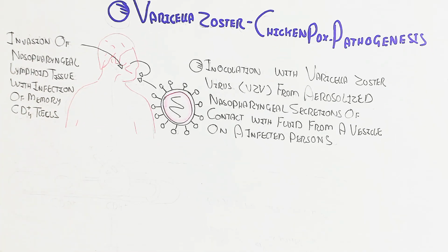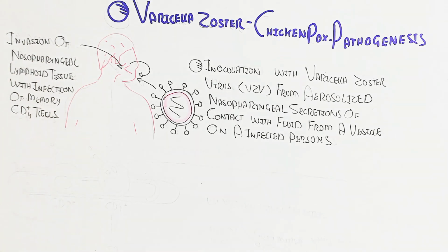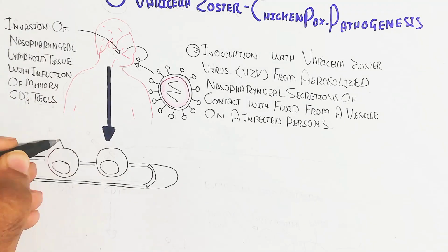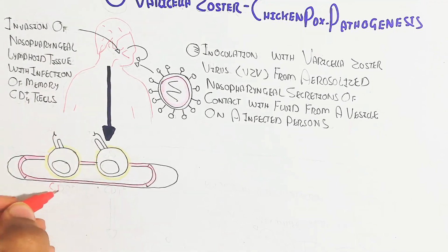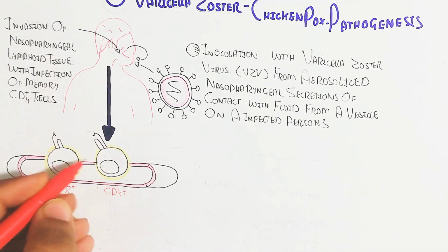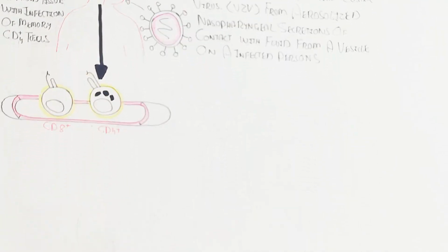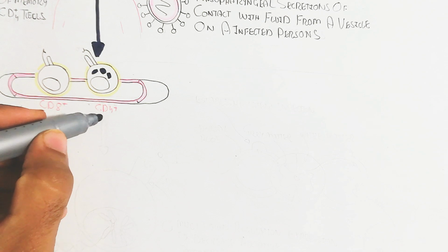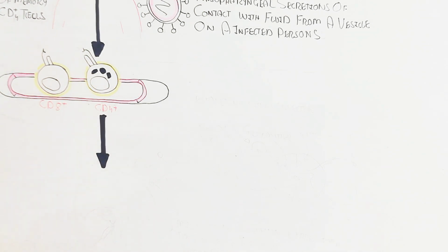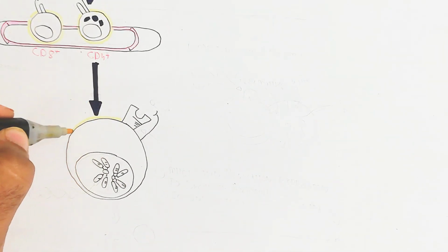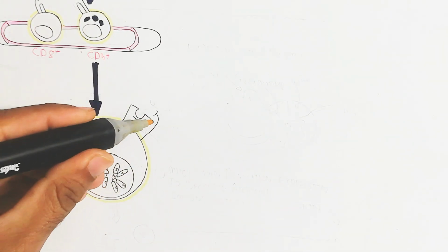So remember that there is the CD4 T lymphocyte and the CD8 T lymphocyte. But the CD8 is not involved in the infection; this virus will infect the CD4 T cell. It is also known as the T helper cell, remember, the CD4 positive T memory cell.